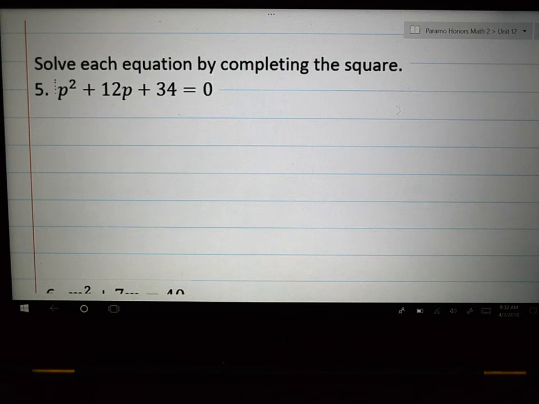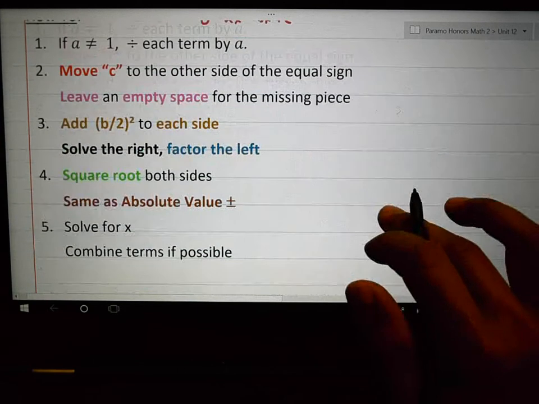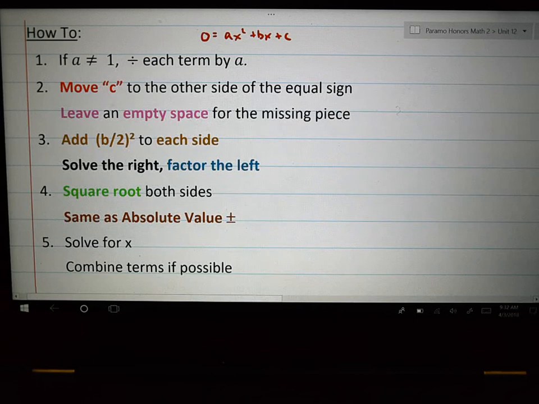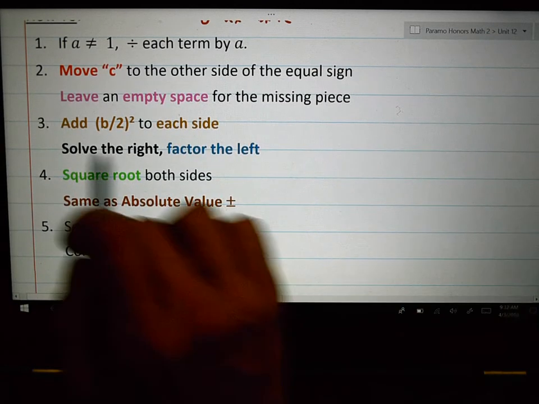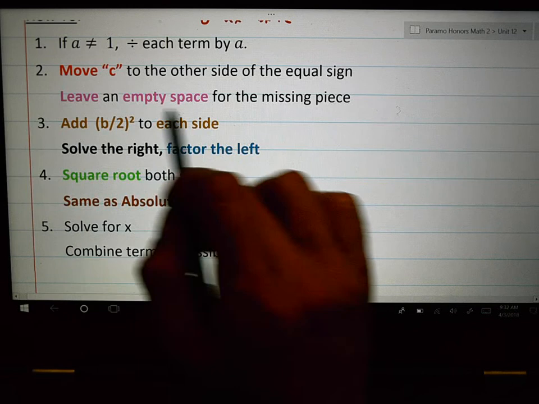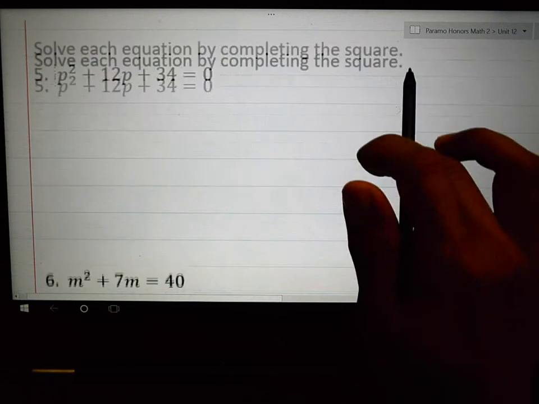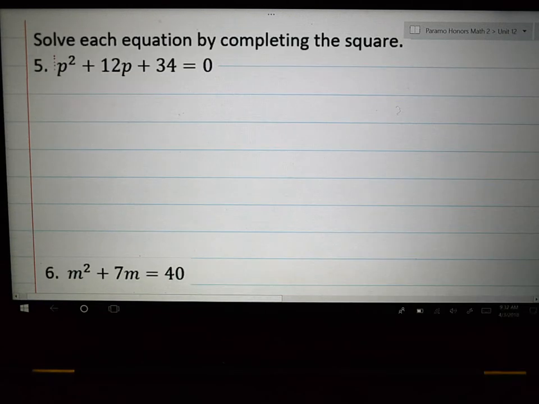If it is, you can skip step number 1. If it's not, you would have to divide by whatever number it is. So right now, my a value is 1, so I can skip step number 1. I can go right to step number 2. Step number 2 says, move c to the other side of the equal sign, leave an empty space for the missing piece. What's the c value on number 5?